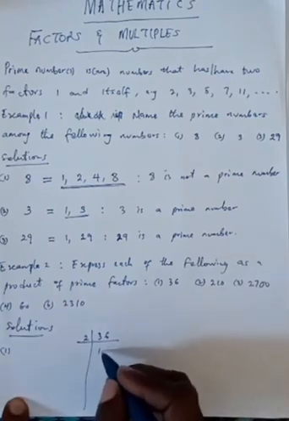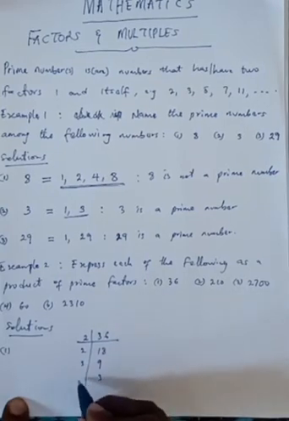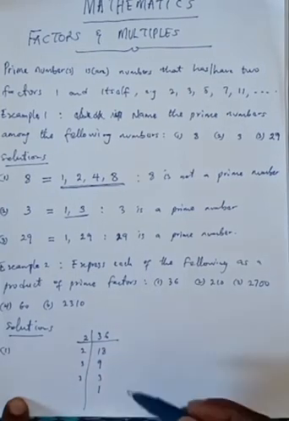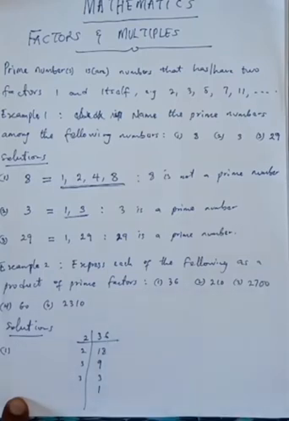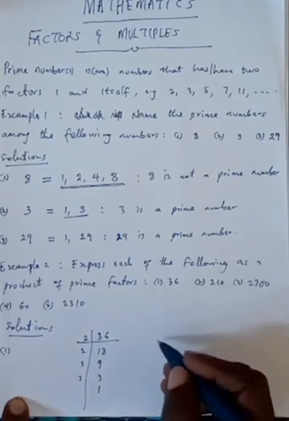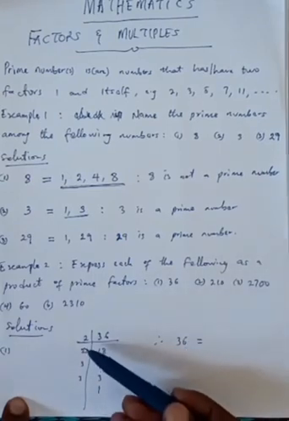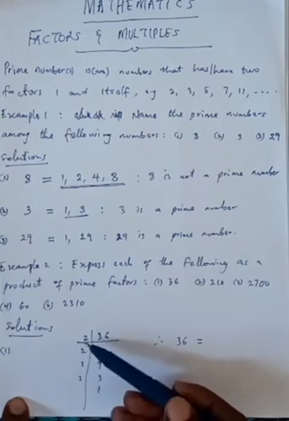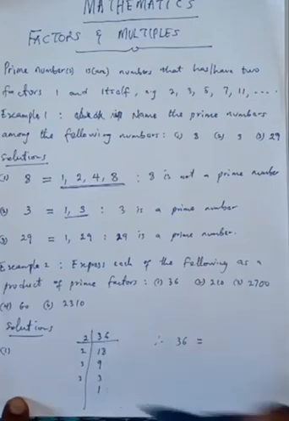2 in 36 here gives 18. 2 in 18 here gives 9. 3 in 9 here gives 3. And 3 in 3 here gives 1. And remember that our first objective here is to ensure this number becomes 1. So once it becomes 1, you can now say that therefore our 36 is equal to, we are not going to state it in product term, that is, we are going to multiply all these numbers we used to reduce it to 1.